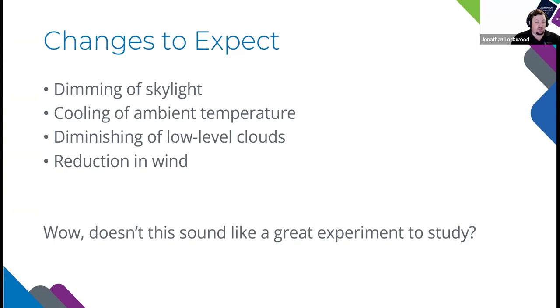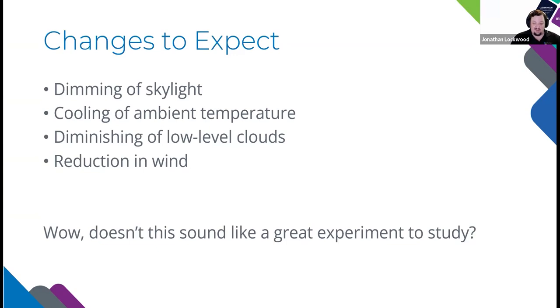You'll notice in the atmosphere, if there are clouds, that there's going to be a diminishing of any low level clouds. And you may also notice if it's windy prior to the eclipse, that there's a reduction in wind as well. So the heating of the earth by the sun is what causes some of the wind activity on earth.